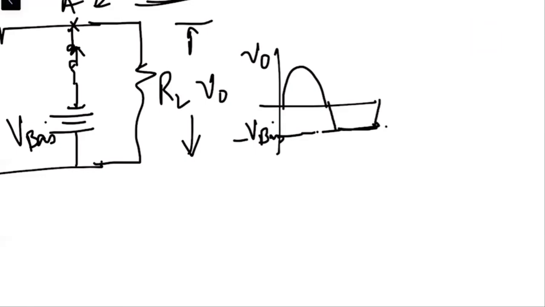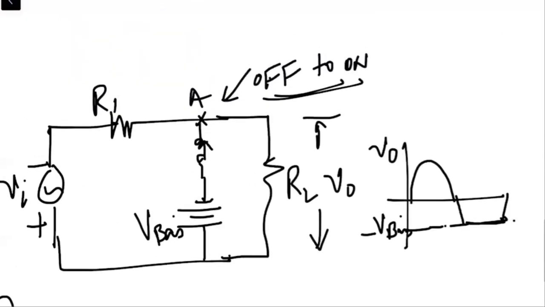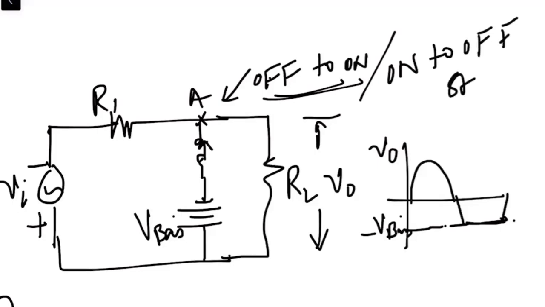And when the input reduces from V bias, this means the potential at point A reduces from V bias, so then we have the transition of the diode from the on to the off state, right?